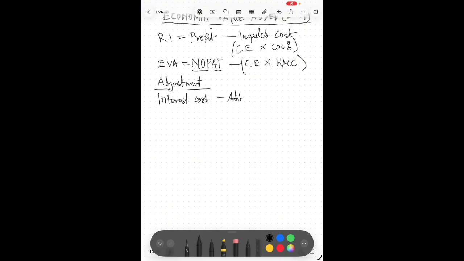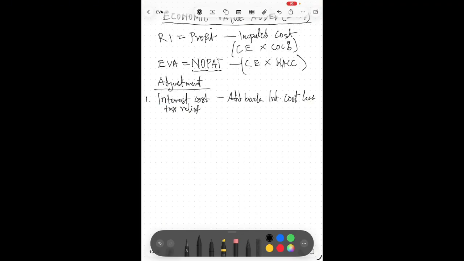So just add back the interest cost. That's one adjustment you need to make. But now it has to be add back interest cost less tax relief.